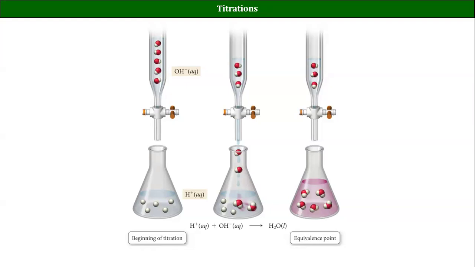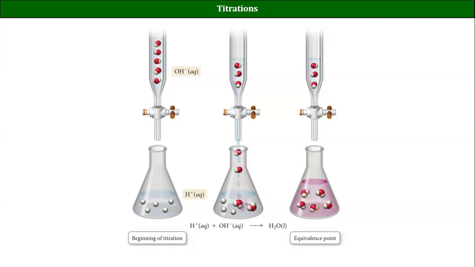Phenolphthalein is colorless in an acidic solution and it's pink in a basic solution. So we're going to add a couple of drops to the acid and it's going to stay colorless. And then as we add the hydroxide, as soon as it turns pink and stays pink, we know we added just the right amount of hydroxide. So we know that we have the same number of moles of hydroxide as the moles of the acid.